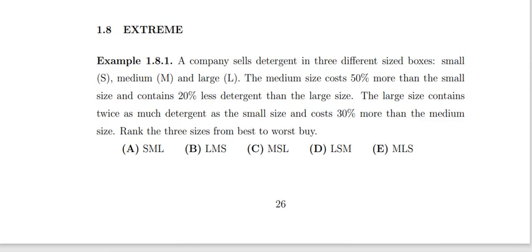So now let's consider some problems for extreme situations. Extreme means like the biggest number or smallest number, or the possible worst case or best case. So like here, we want to rank the three sizes from best to worst.